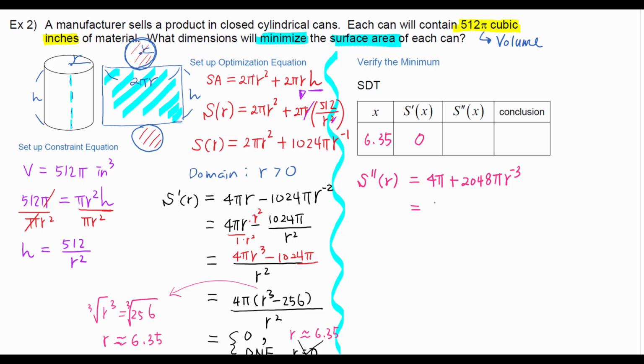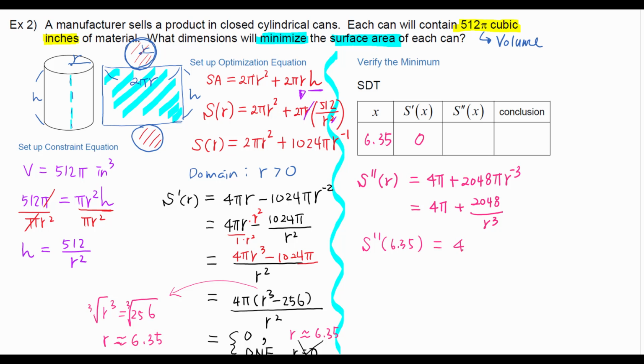So I'm not gonna put it together as one expression because I'm not gonna try to get a critical number at all. I'm trying to find out what's the sign of s double prime of my critical number 6.35. So I'm just gonna write like that and now test the s double prime of 6.35.